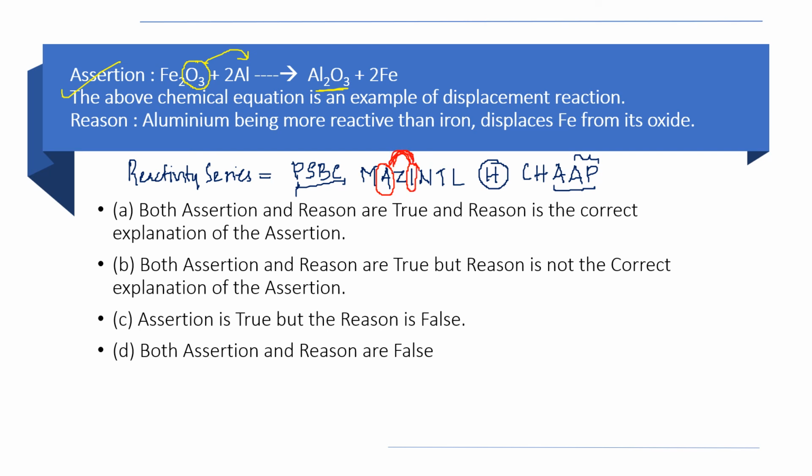Aluminium is more reactive than iron. That statement is true, and it displaces iron from its oxide. Very good. So the answer is both assertion and reason are true, and the reason is the correct explanation of the assertion. Clear? You have to study the order of the reactivity series. Platinum is the least reactive metal.